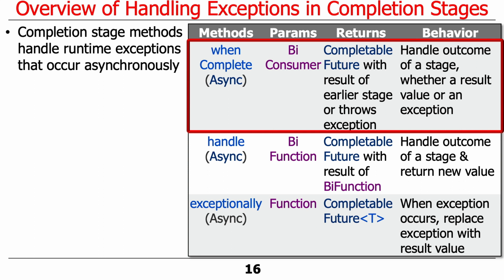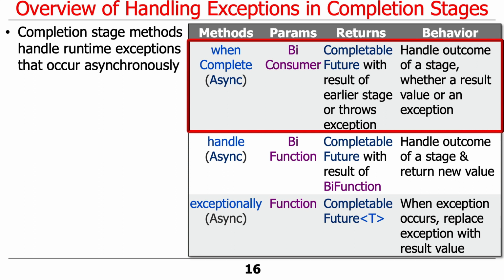whenComplete, or whenComplete async, takes a bi-consumer, and it returns a completable future with the result of the earlier stage if all things go OK, if it's the sunny day path, or it is going to throw an exception. It'll handle the outcome of a stage.